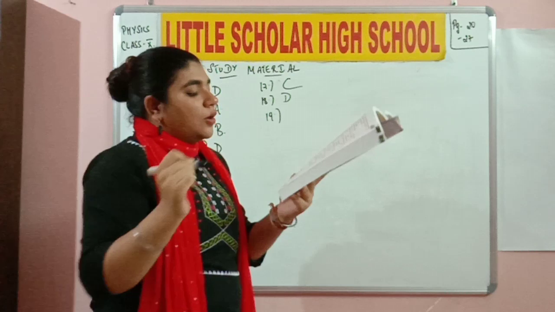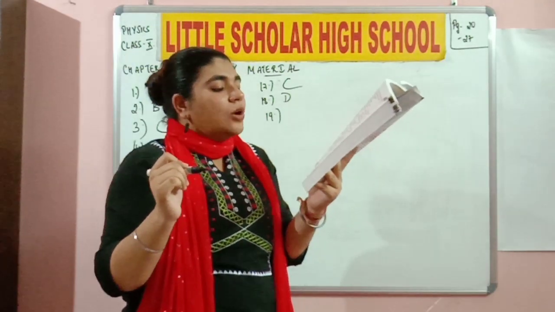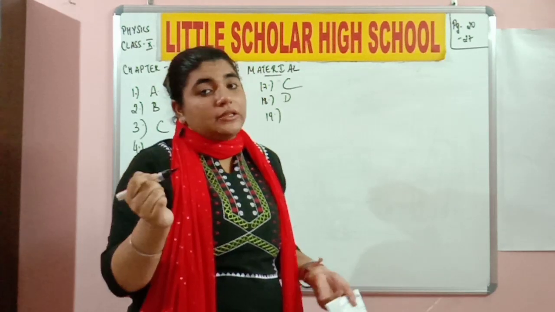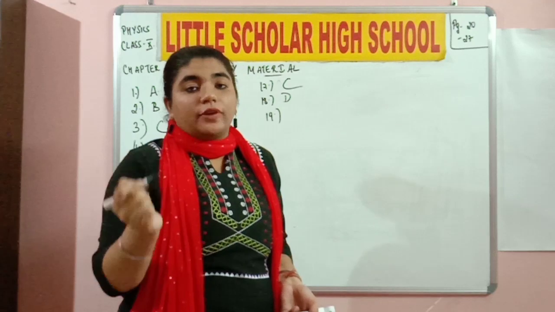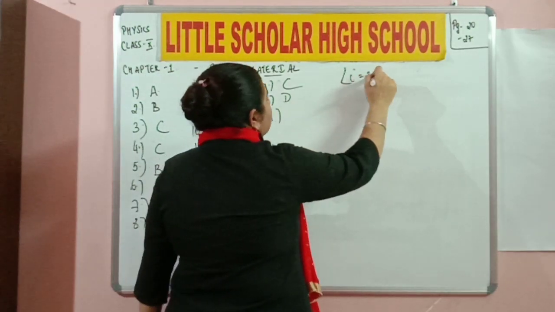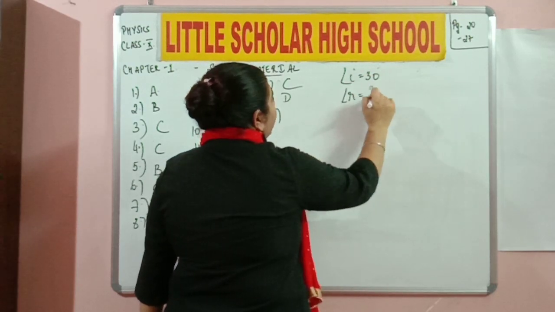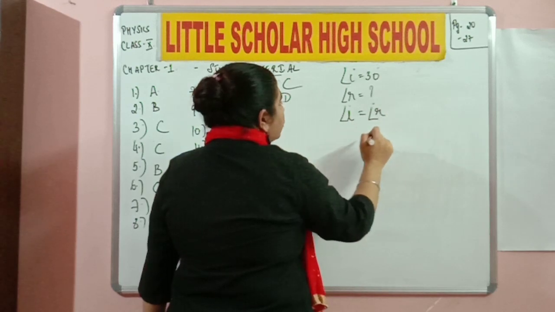19th one. When light gets reflected from a surface, if the angle of incidence is 30, what is the angle of reflection? Really easy, class. What is the first law? Angle of incidence is equal to angle of reflection. They have given us angle of incidence as 30 degrees. So what is going to be the angle of reflection? As we know, angle of incidence is equal to angle of reflection.